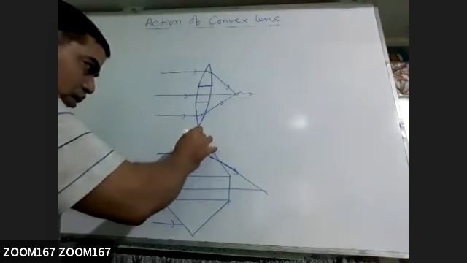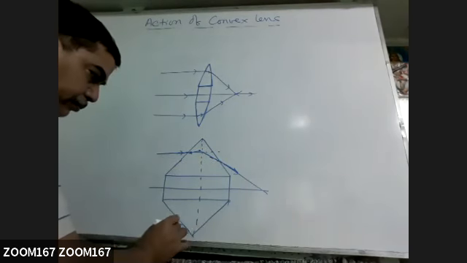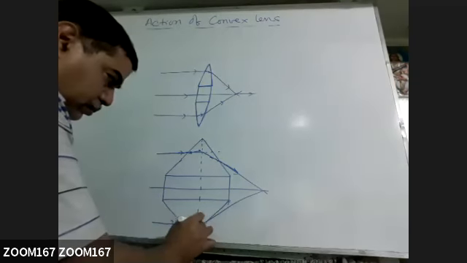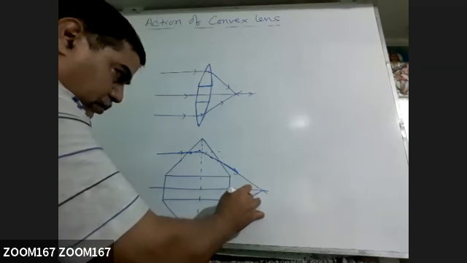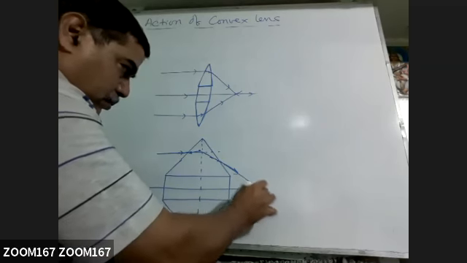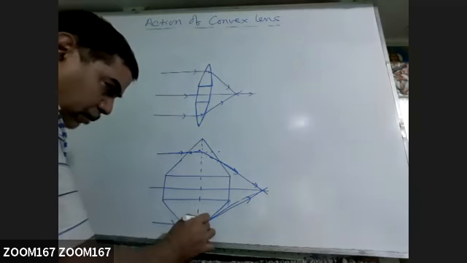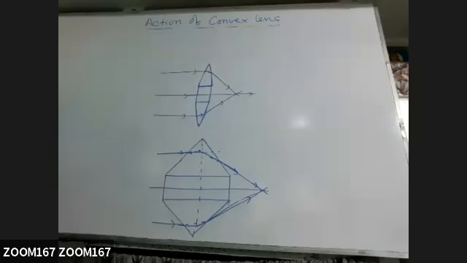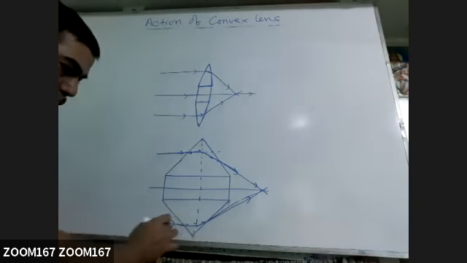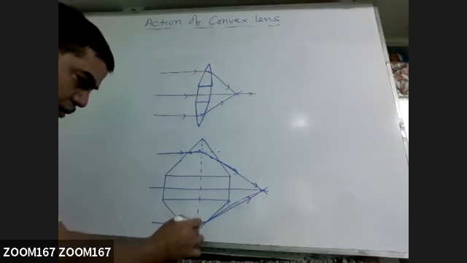If we join all these points, you can show the deviation like this. In place of these two deviations, we show only one deviation, here also, here also. When we produce it back, this is the front, so it appears to deviate from this place.